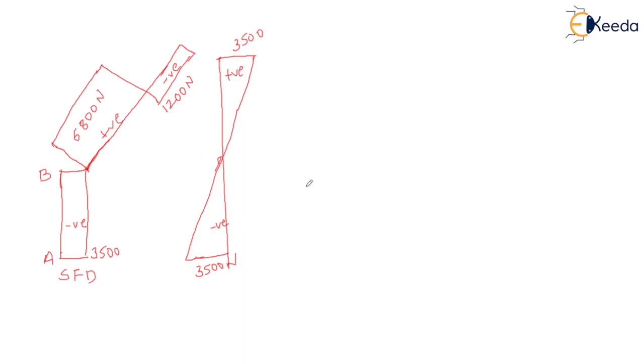Similarly, for the bending moment diagram, if this was our frame, let me just draw a straight line first. Now here our negative value, right? So this is 14,000. This was 14,000 newton meter.